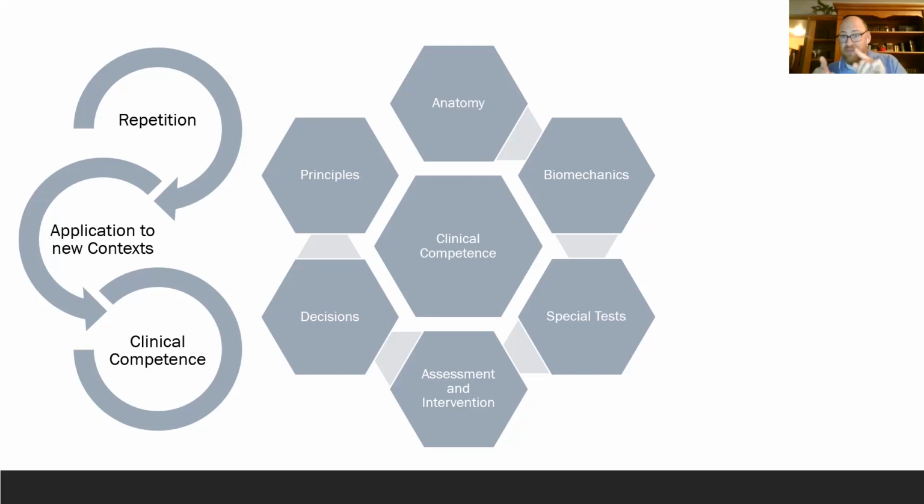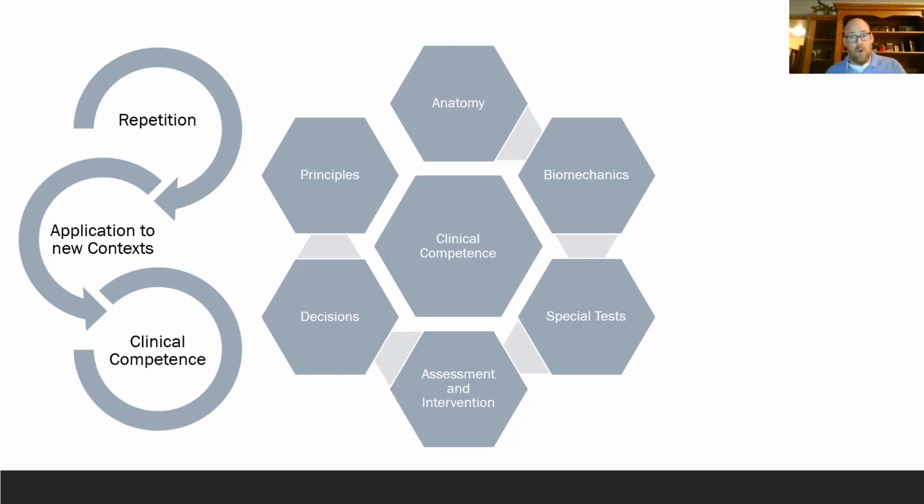So what you have done is you've developed your own clinical practice principle. What we want you to do is keep repeating this process: anatomy, biomechanics, special tests, assessment, intervention, decisions, principles, over and over again, because it is in doing that you develop clinical competence.